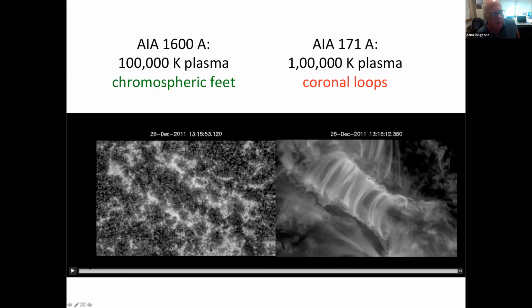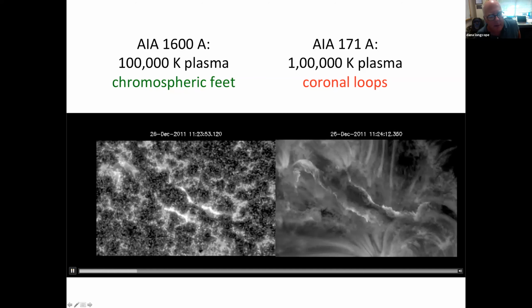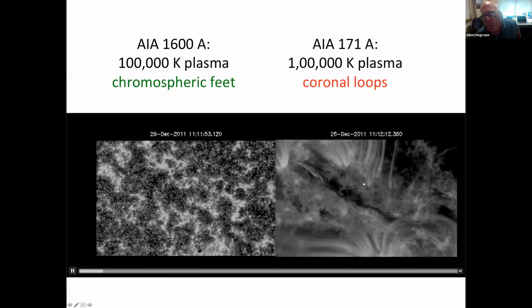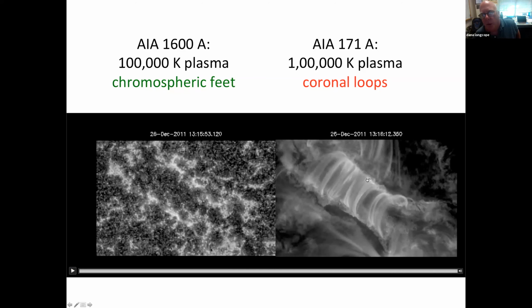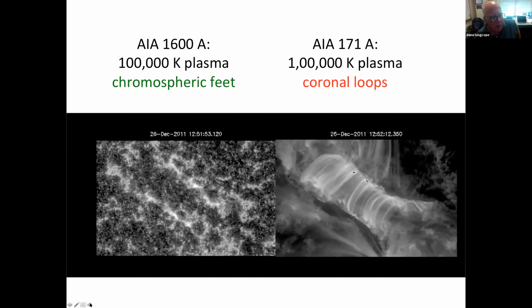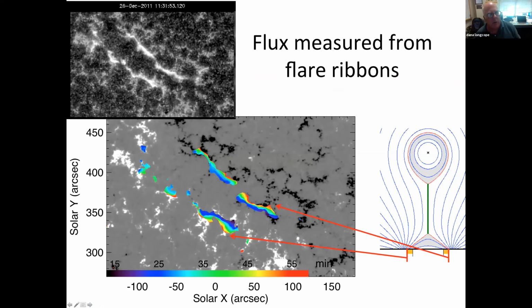Most importantly, you see the ribbons on the left in our 1600 angstrom image. On the right, you see all these loops forming, with the ribbons as their footpoints. This is from work that tomorrow's lecturer, Dr. Zhong Chu, has done, and I've worked with her a little bit on it.